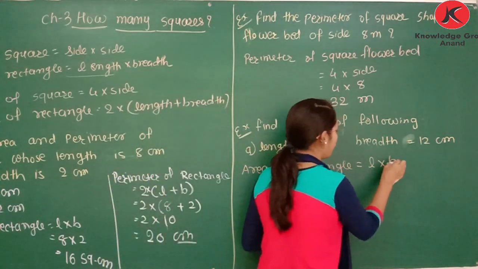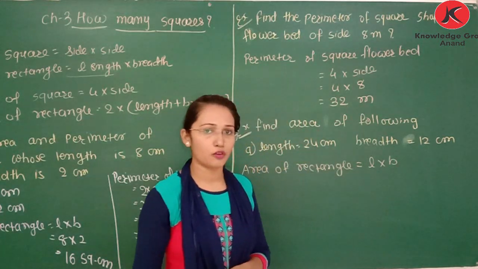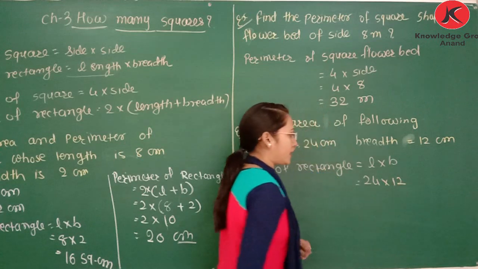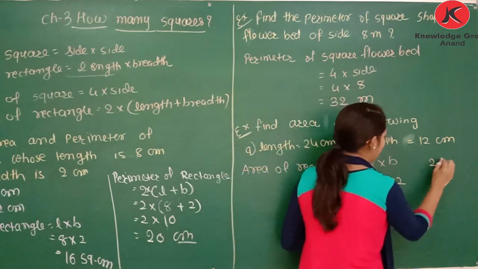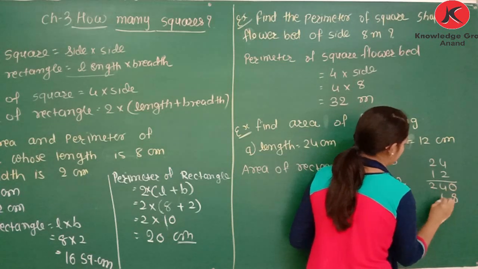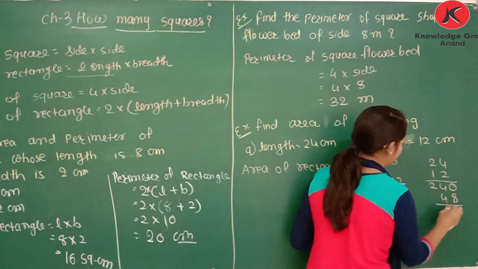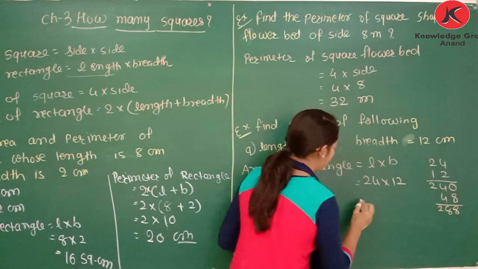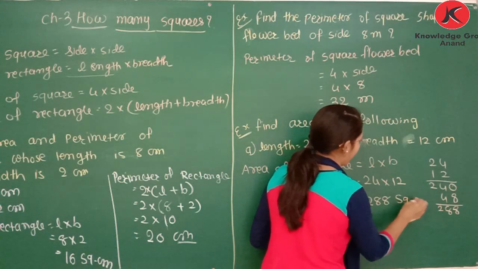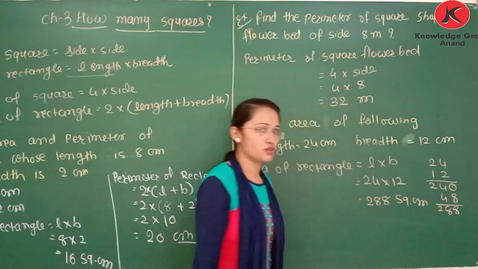Length multiply breadth, we need to write equation for an area of rectangle. 24 multiply 12. Now multiply 24 with 12. 288 square centimeter. That is your answer.